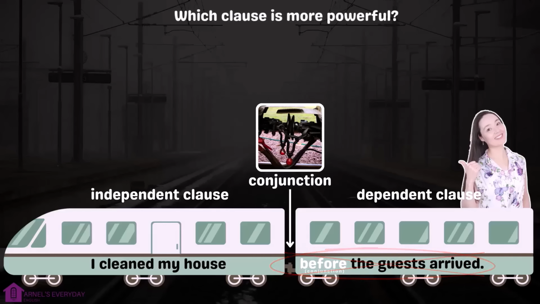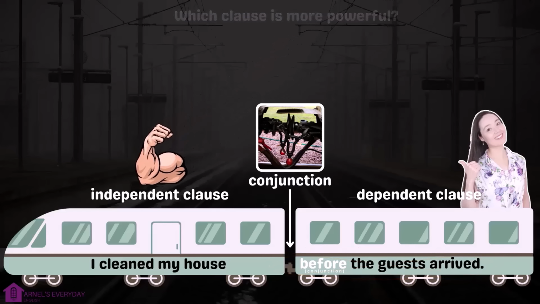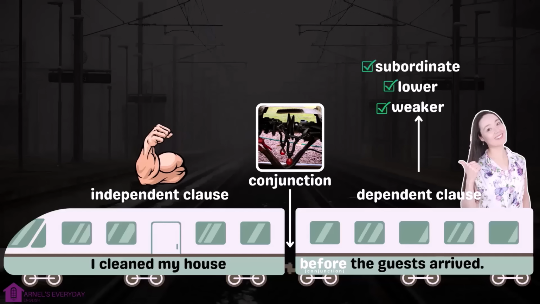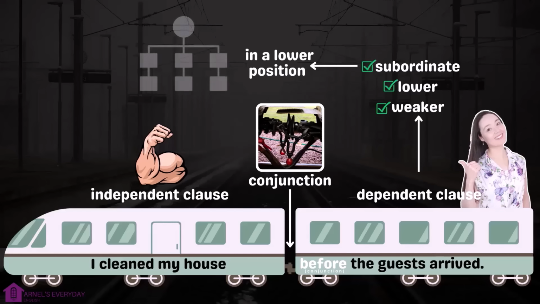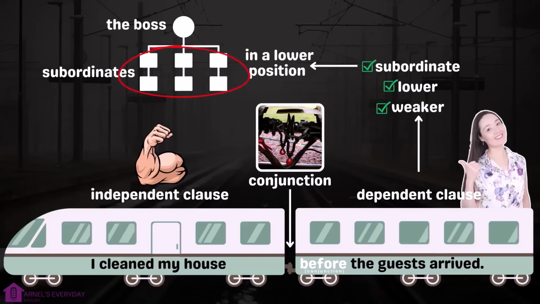Which clause is more powerful? The independent clause. The dependent clause is weaker, right? It's weaker. It's lower. It's subordinate. Subordinate means in a lower position. Like you can have a boss and you can have subordinates.